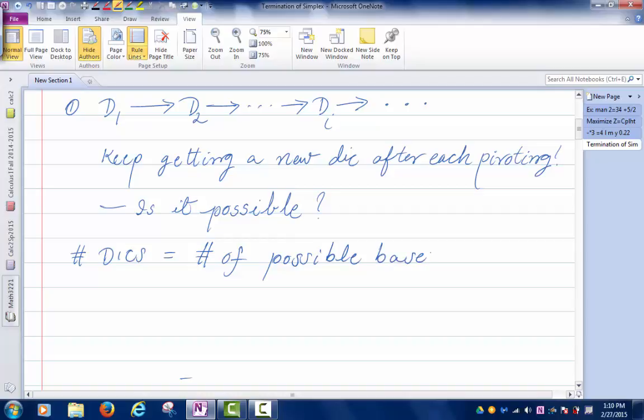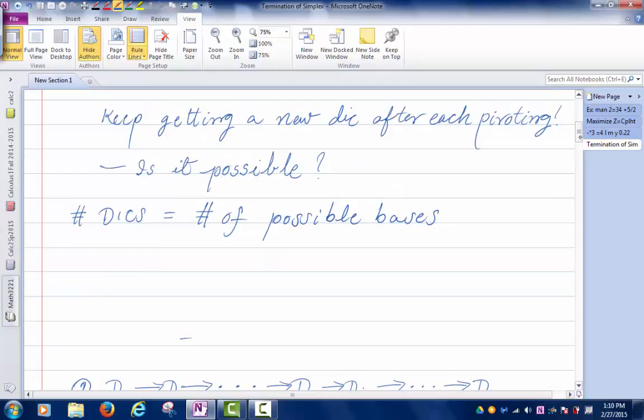How many bases are possible? Well, how many variables do I have? What's the total number of variables? From the total number of variables, I have to choose how many basic variables. What's the total number of variables?